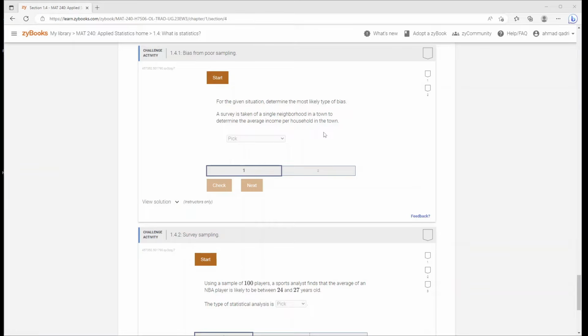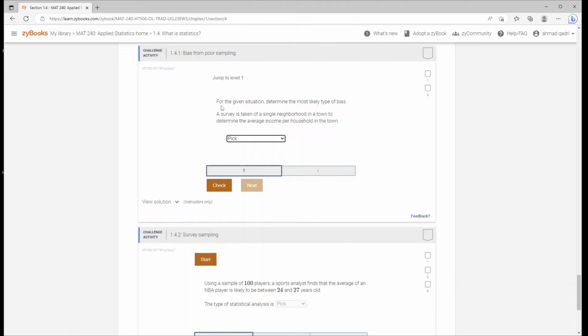This is challenge activity 1.4.1. And this is about bias from poor sampling. So let's start. And the question is, for the given situation, determine the most likely type of bias. A survey is taken of a single neighborhood in a town to determine average income per household in the town. So the town has many neighborhoods, but in the survey, we're only surveying one single neighborhood.